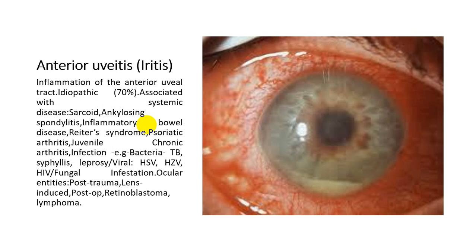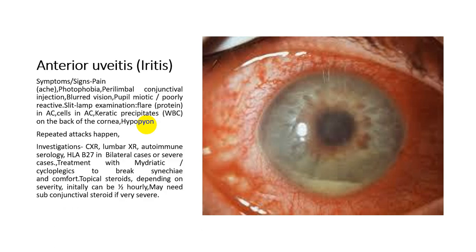Ocular entities include post-trauma, lens-induced, retinoblastoma, lymphoma. Symptoms and signs: there is pain, photophobia, limbal injection, blurred vision, and the pupil will be miotic and poorly reactive.